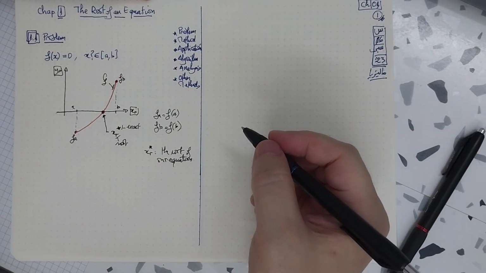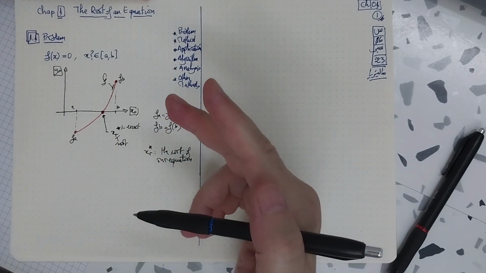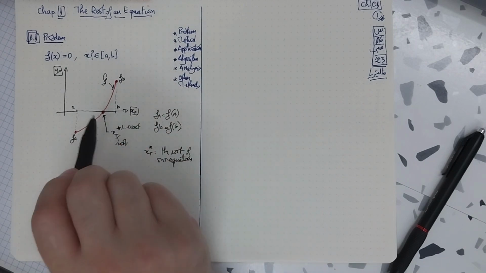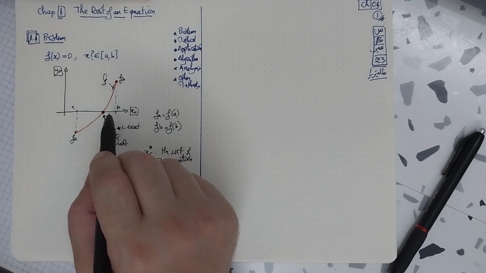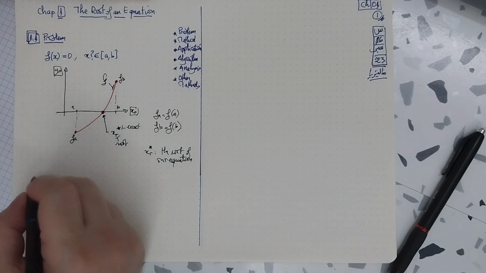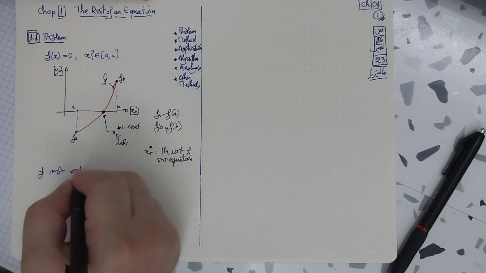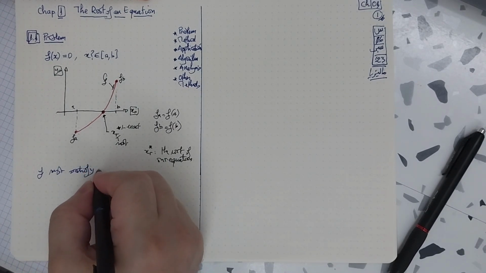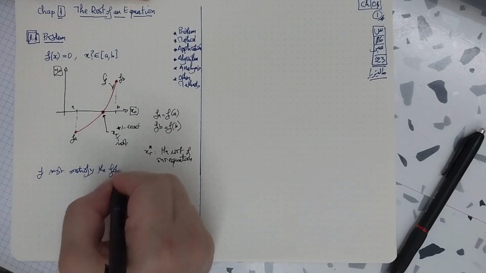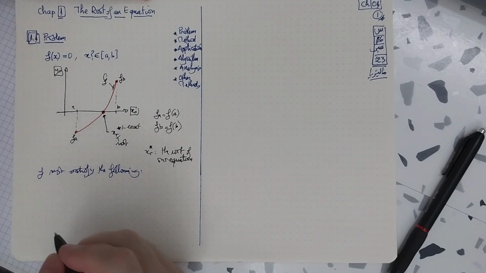Okay. And there must be two conditions in order that a root exists in this interval AB. So F must satisfy the following conditions.